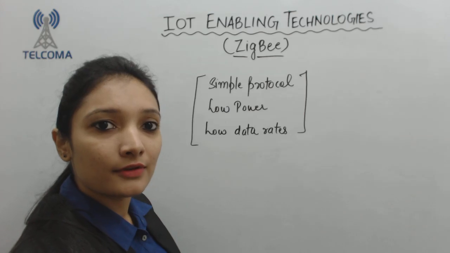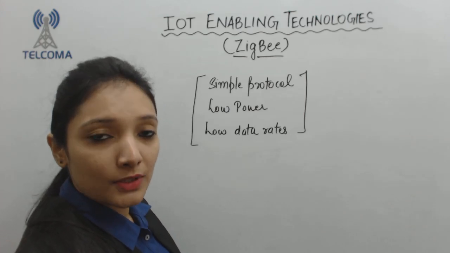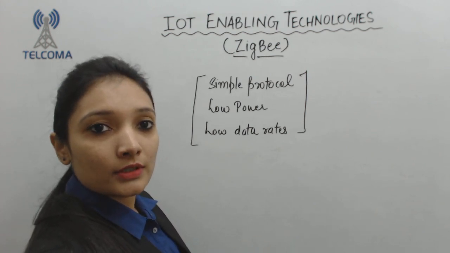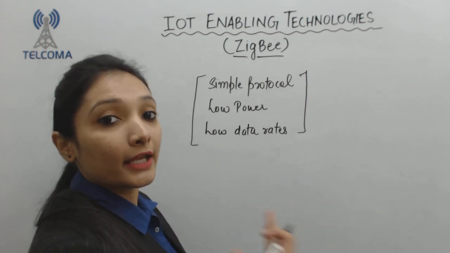That means we will have several nodes which will be collecting the information from the real world, and then some of the more intelligent nodes here which will be routing and forwarding the information.